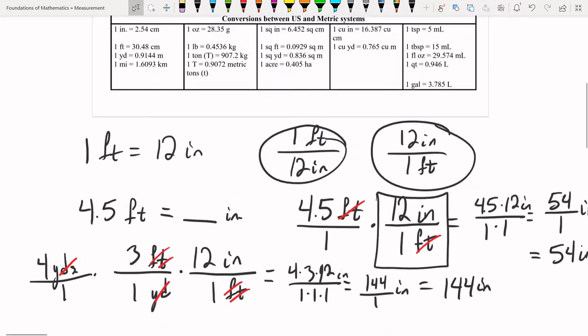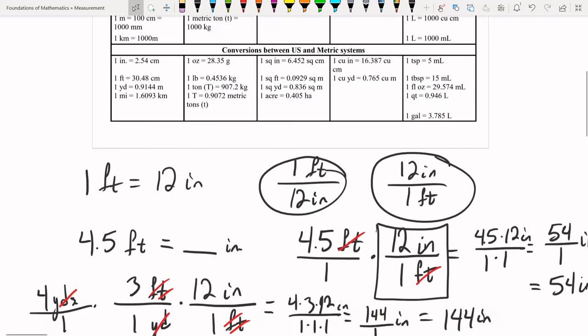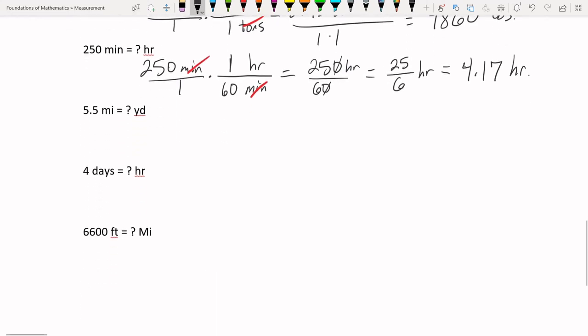Okay, 5.5 miles equals how many yards? That I do not know off the top of my head. So let's go back up here, get rid of some of these orange lines here, and we're looking for yards to miles. This one right here. It says 1 mile equals 5,280 feet and also equals 1,760 yards. So 1 mile equals 1,760 yards. 5.5 miles then.